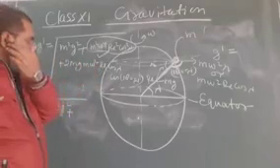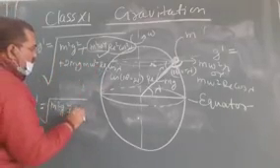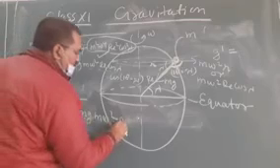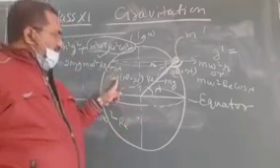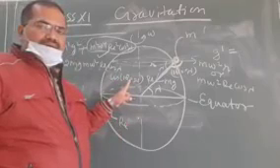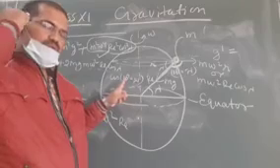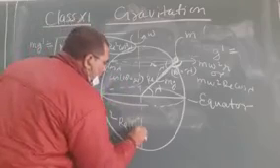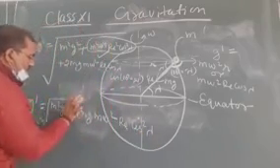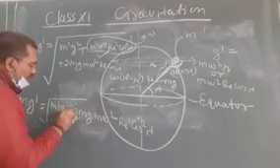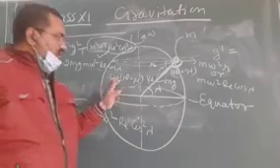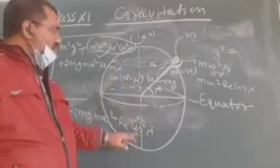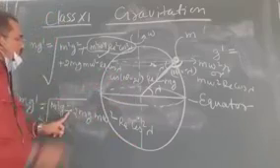Cos of 180 minus lambda is equal to minus cos lambda, so cos lambda into cos lambda gives cos square lambda, and the minus sign is put here.